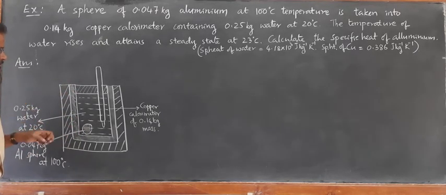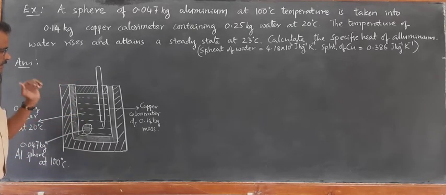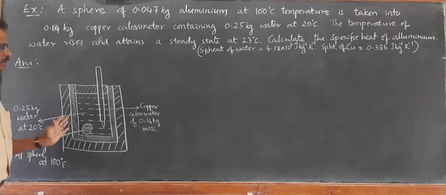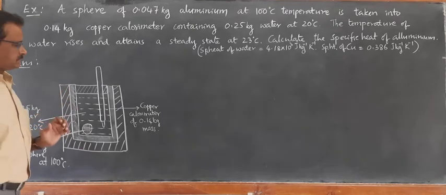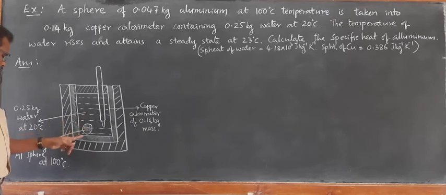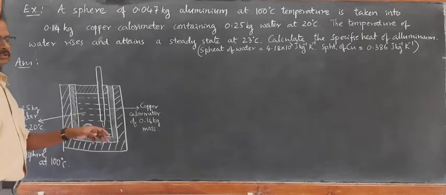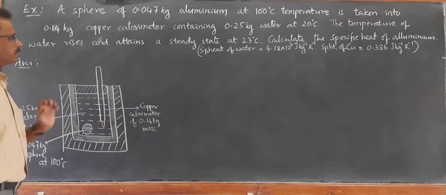Once we put the sphere in, close the lid and keep it inside the jacket so no heat is lost to the surroundings, then at steady state, heat lost by the hot sphere equals heat gained by water and the copper calorimeter.